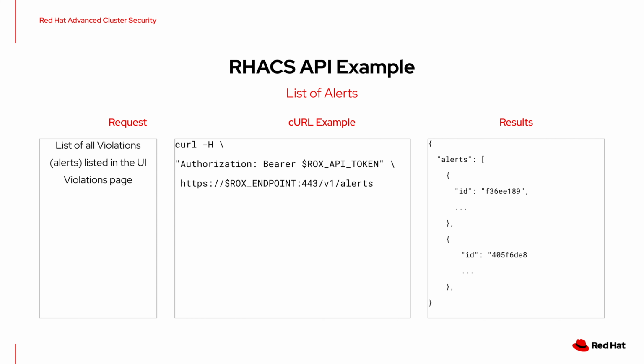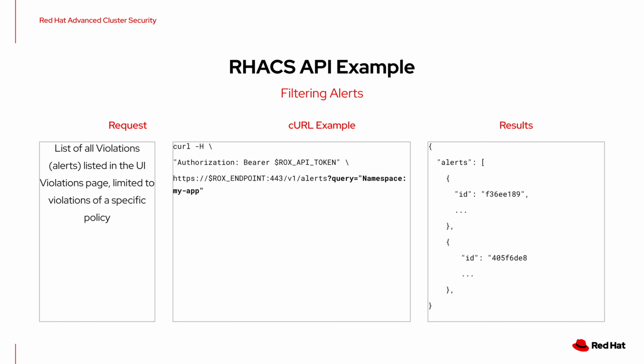This is seriously truncated here, but you're basically going to see an array of alerts, indicated by the square brackets. Each one of those alerts is going to be a slim version of the alert, which has an ID in it. In the next example, we're going to filter that list. So instead of getting all of the alerts, we're going to supply a query that limits what parameter we search for in that alerts list to restrict the amount of data that's returned.